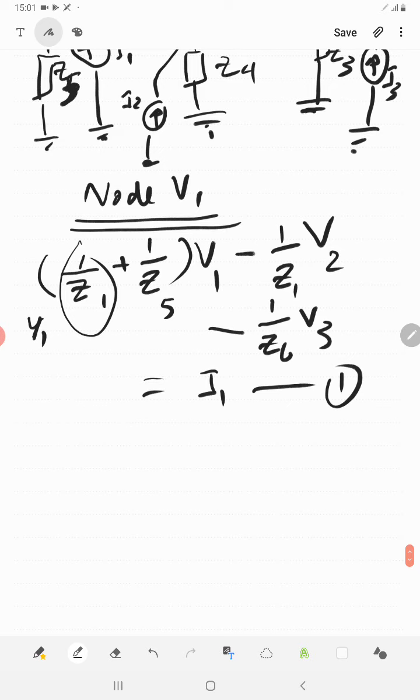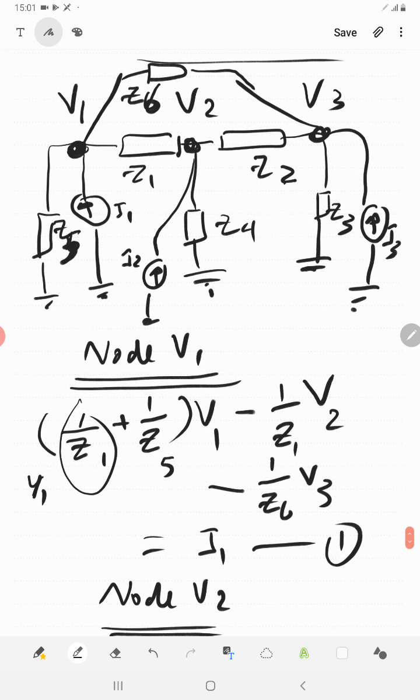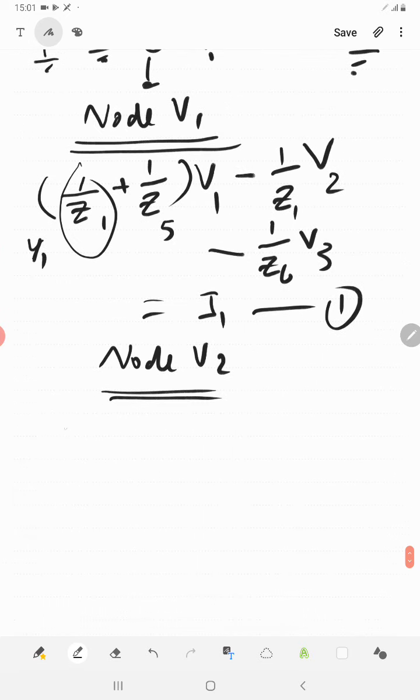Okay? When we go to node 2, node V2, it is connected to V1 through Z1, so we have minus 1 over Z1.